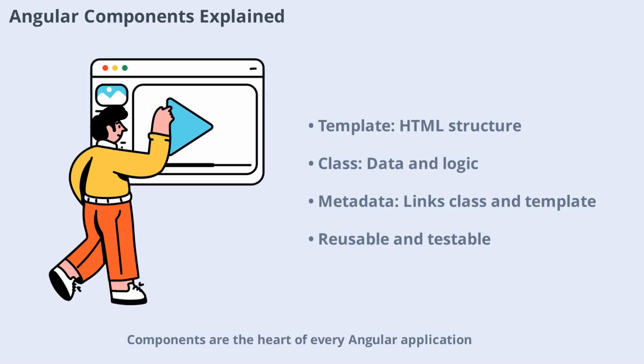Components are the heart of every Angular application. Each component manages a specific section of the user interface, known as a view. A component consists of a template, which defines the HTML structure, a class written in TypeScript holding the data and logic, and metadata, which links the class with its template, selector, and style.